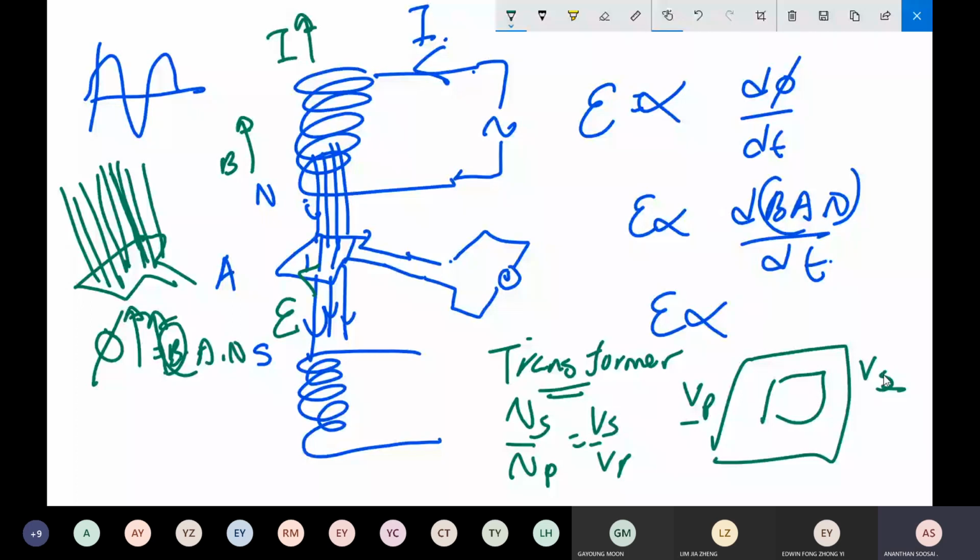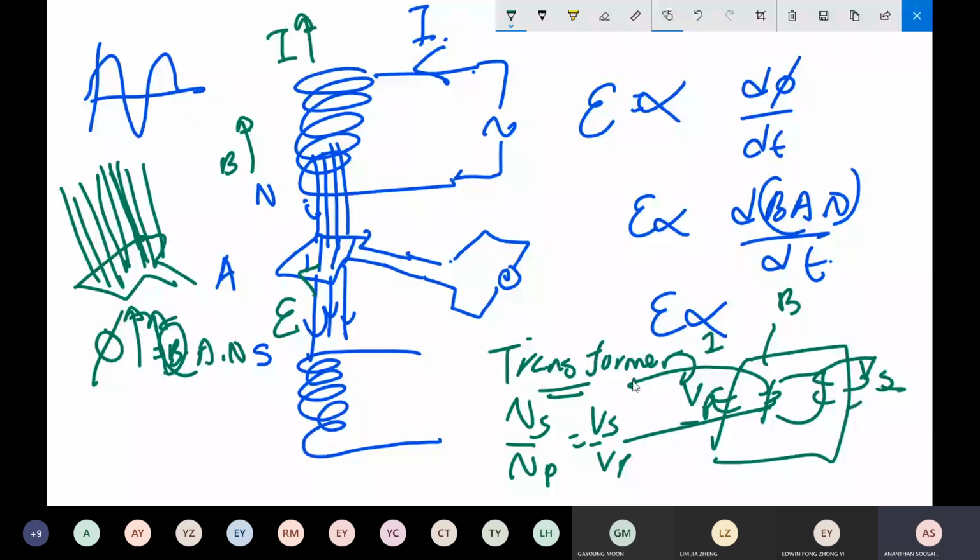For example, you see the primary coil, a current is sent through the primary coil. So what happened? The core turned to become a magnet.